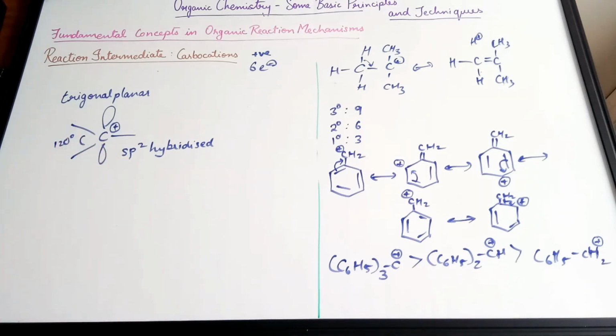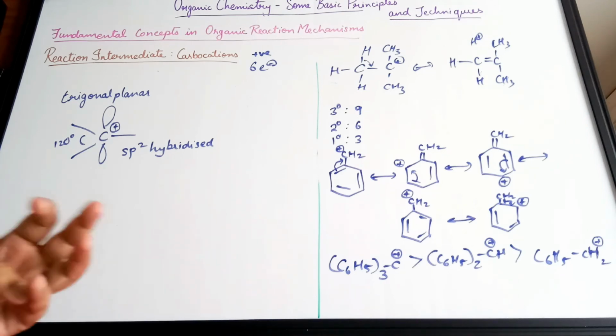So with that, we've completed carbocations. Carbocations are formed by the heterolytic fission between carbon and another atom, and the electrons move towards the other atom, leaving the carbon with a positive charge. The carbon has 6 electrons, and based on the number of carbon atoms the carbocation is attached to, you have primary, secondary, and tertiary.